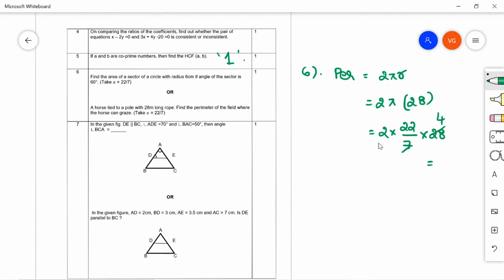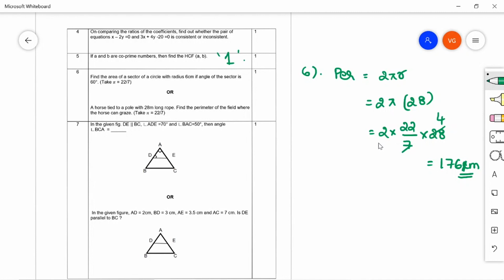So you will get 44 into 4, that is 176. The question is in meters, 28 meters they have given. So write it down, 176 meters.